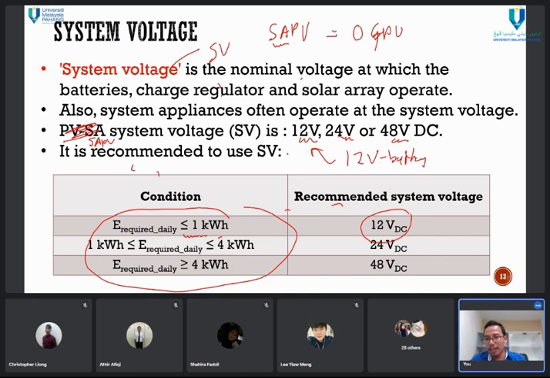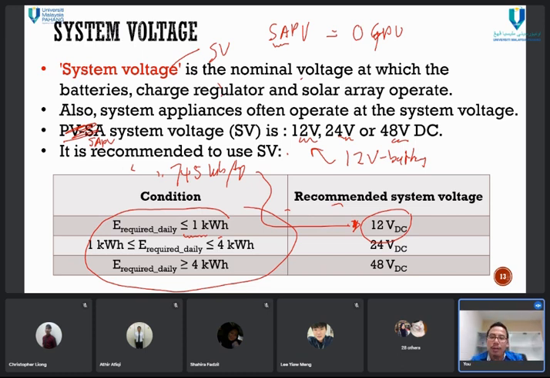The load energy demand that we calculated just now was 745 watt hours per day, kan? Almost 1 kilowatt hour. It means the recommended one is 12 volt. 12 volt is enough. If you want to use 24 volt, okay, no problem, but the cost is yours.